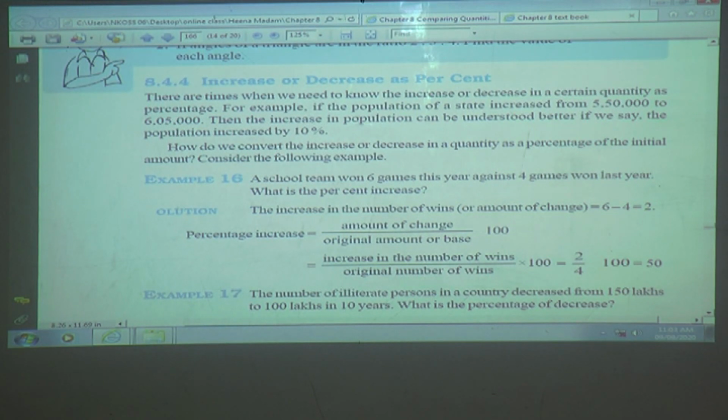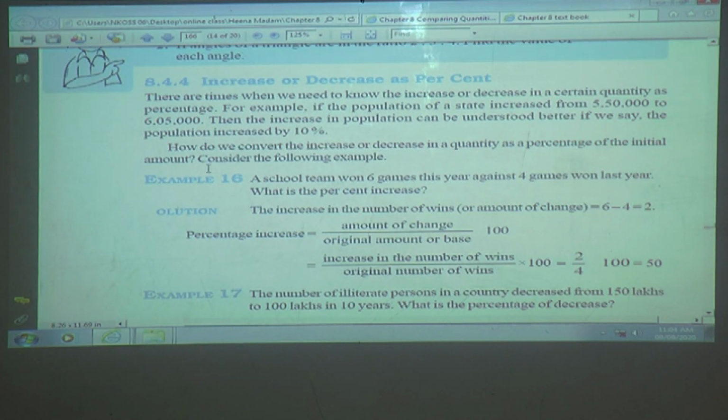For example, if the population of a state increased from 5,50,000 to 6,05,000, then the increase in the population can be understood better if we say that the population increased by 10%.